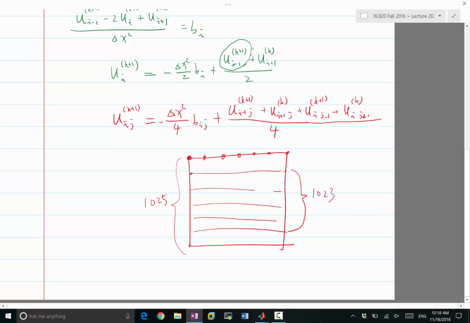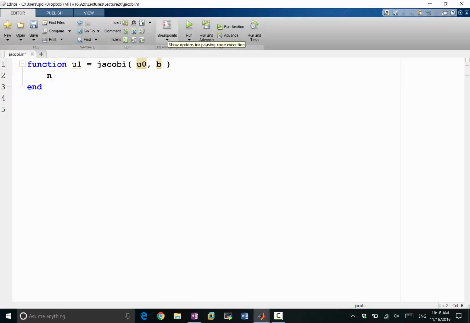If we look at the cells, this would be 1, this would be 124, right? So there are 124 intervals and 125 points, 123 interior points. So n interval would be the size of B in the first dimension minus 1, I get 125 minus 1. And that helps me to compute dx. Let's assume our domain size is still equal to 1, so dx is going to be 1 over n.